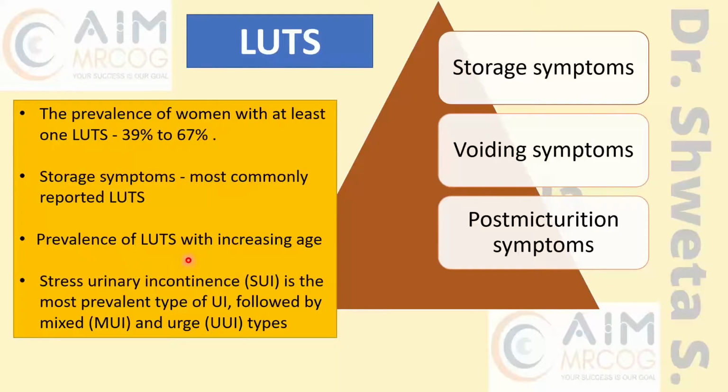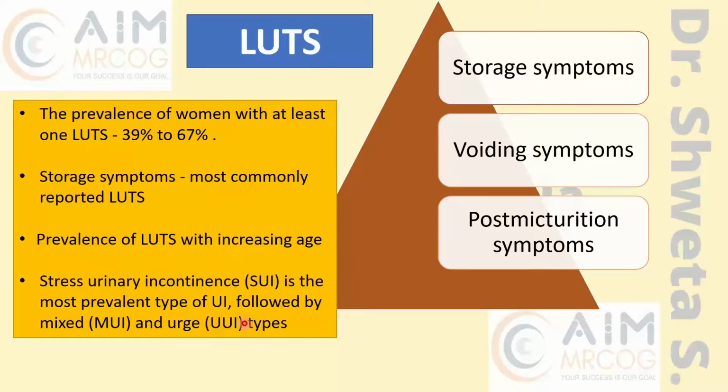The other thing they ask you is, what is the incidence of urge incontinence in overactive bladder? Overactive bladder means urgency associated with frequency, nocturia, or other symptoms, and one third of the women will have urge incontinence. That is also an important aspect.